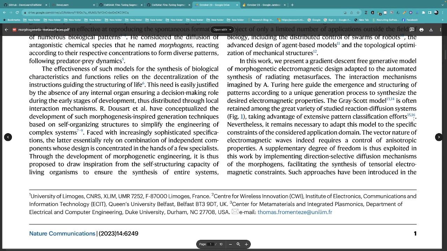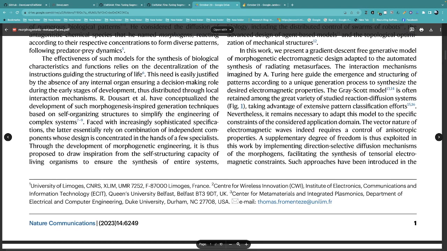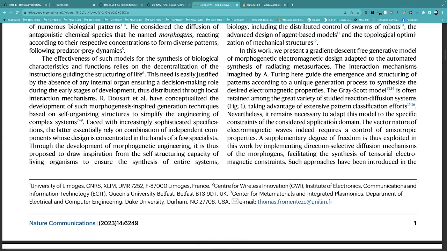So we have a guide for this pattern classification, different types of reaction diffusion leading to different types of patterns. And this is something that we want to be able to adapt this model to specific constraints. So this is why we're interested in classifying these patterns. In this case, it's in terms of some sort of electromagnetic constraints that we have to satisfy.